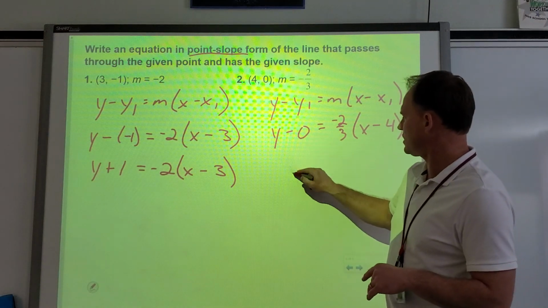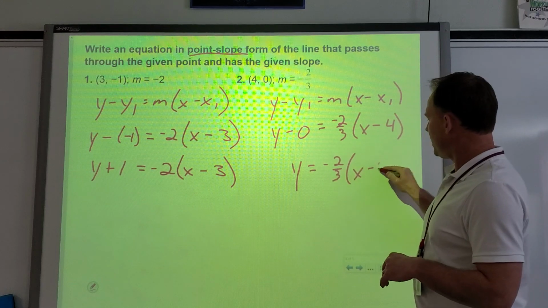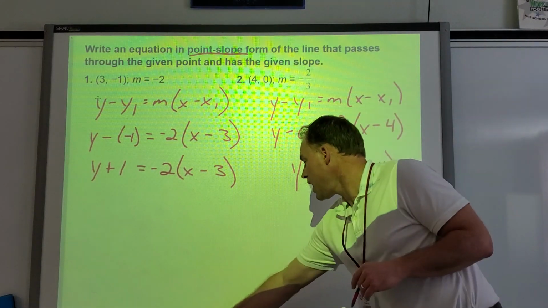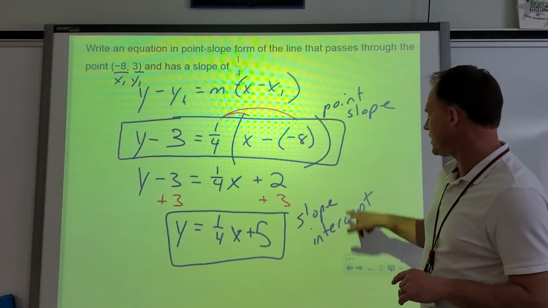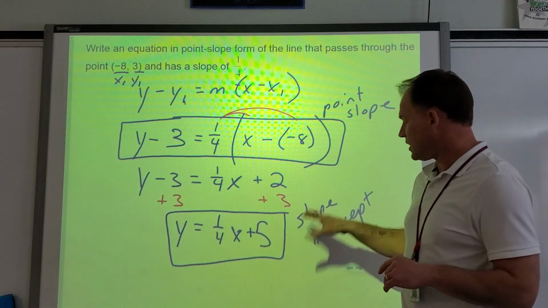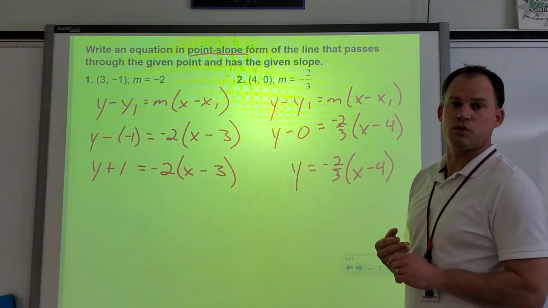So that's easy. I'm not distributing because it didn't tell me to write it in the other format. I'm only going to do those steps if it tells me to write it in slope intercept form. If it doesn't say slope intercept form, I don't have to do the distribution step.